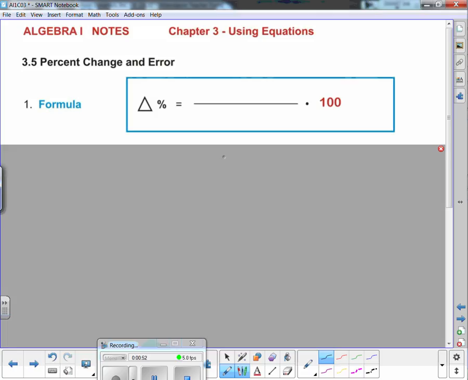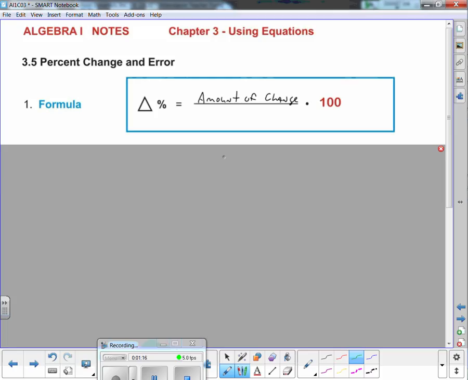And if you remember, you've got to do the amount of change. The amount of change. And I'm going to write in green on the bottom what you divide by. Anybody remember what we divide by? Somebody raise your hand. Divide by.